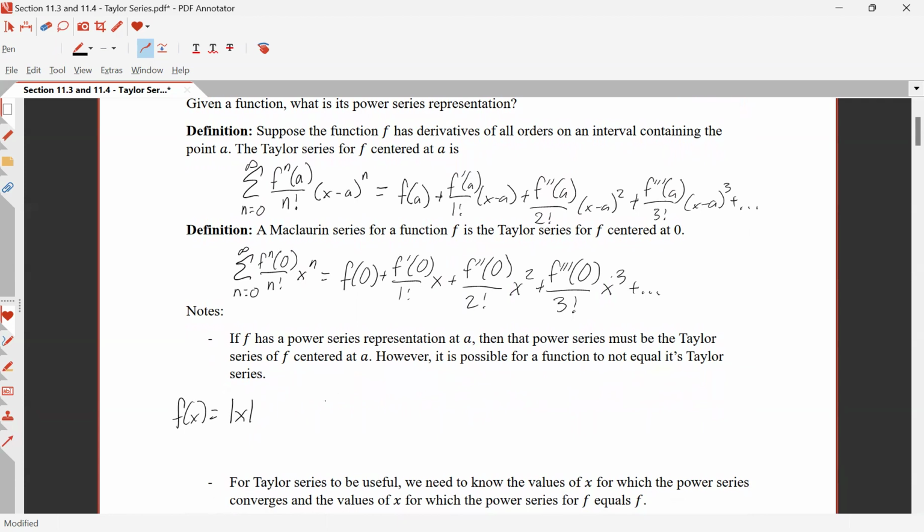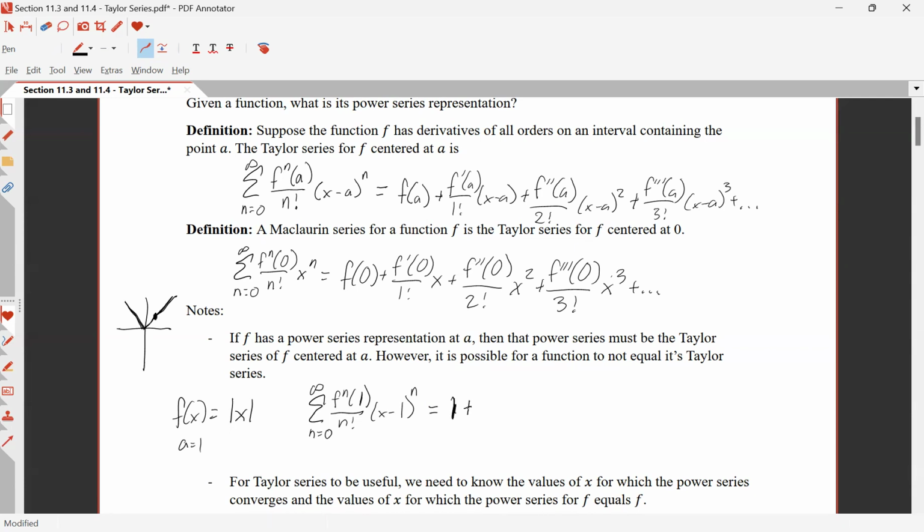If we were to find the power series for f of x at 1, so let's say a equals 1, then when we look at the function f of x equals the absolute value of x, f at 1 is 1, plus the first derivative of the absolute value function is 1.